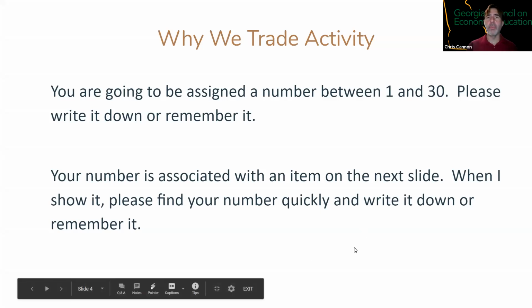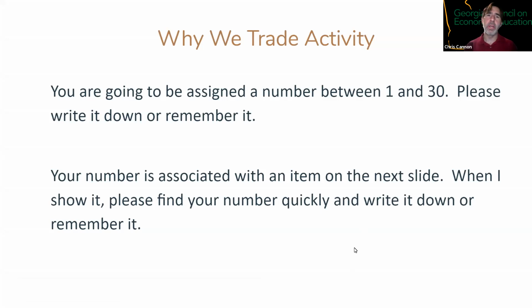Now, the reason I had you pick that number is on the very next slide. That number is going to correspond with an item. As quick as you can, I need you to find that item and commit it to memory, okay? So write it down if you need to. I don't need you to put it in the chat box. In fact, I would rather you not put it in the chat box, but I need you to remember it.